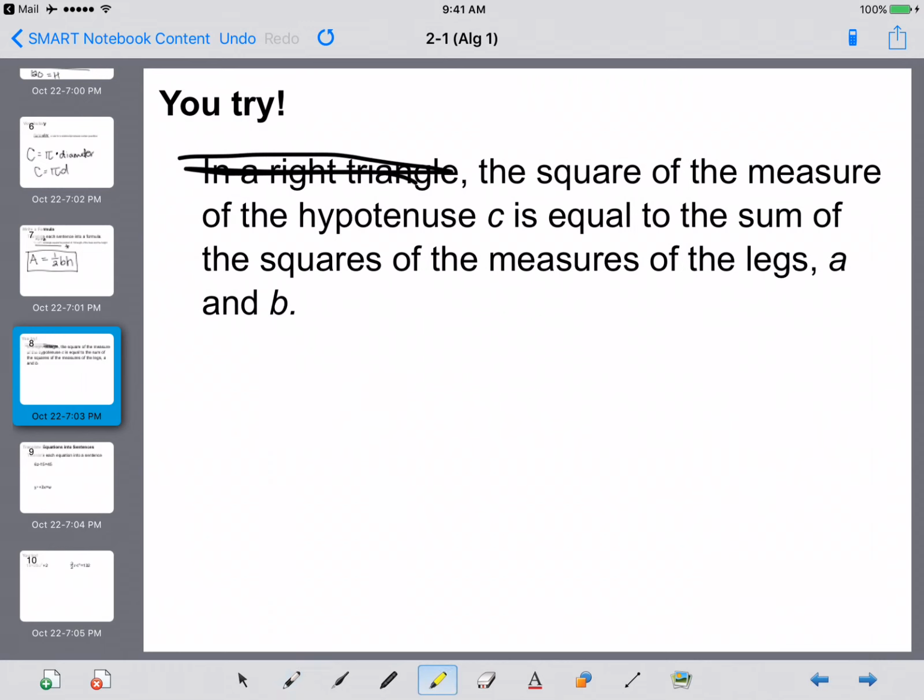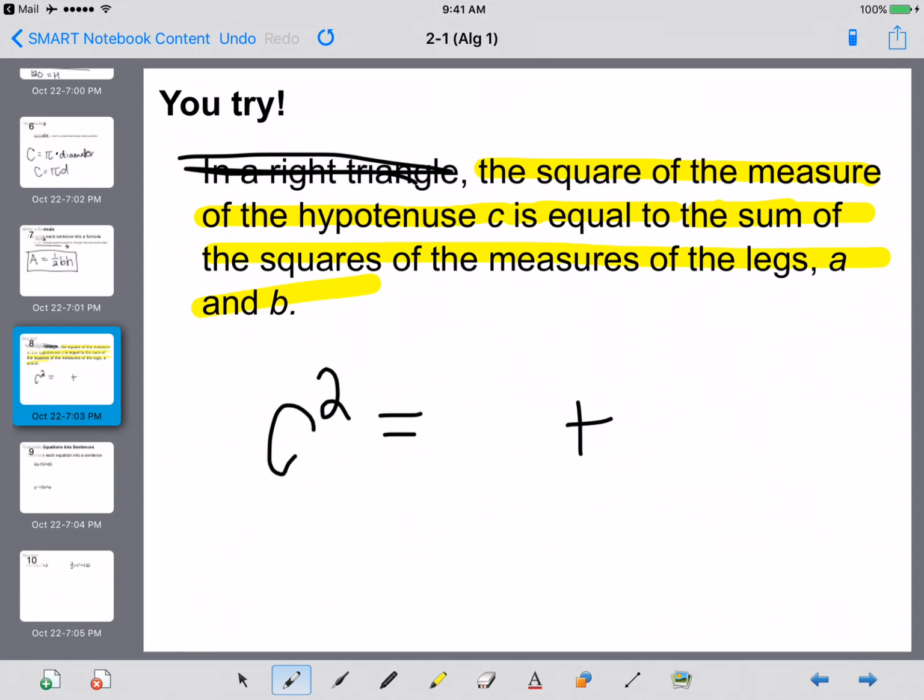The square of the measure of the hypotenuse C. So C squared is equal to, so that's just our equal sign, the sum of, so that means we're going to be adding the squares of the measures of the legs A and B. So we'll have A and we'll have B, and it wants the squares of those, so those are both squared. So C squared equals A squared plus B squared.